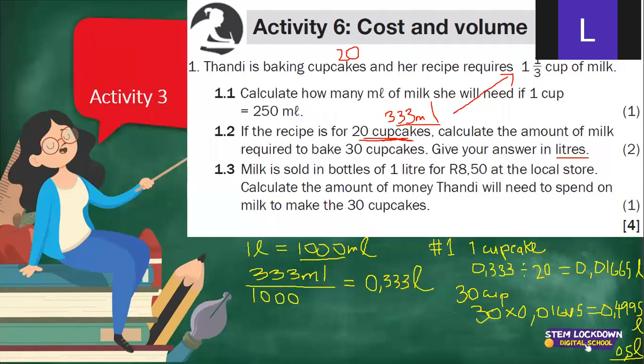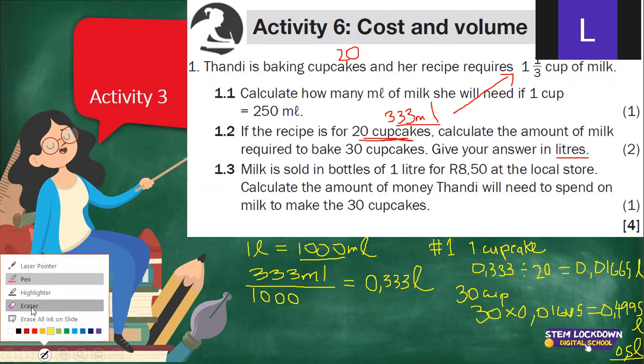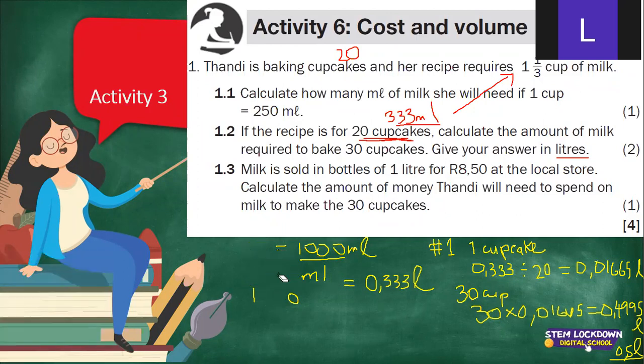Learners, I have three minutes left, so I can't share another method. You can also just use cross multiplication. I'll start it off, but then I can't continue because of time. Let me show you how you could have started it off.